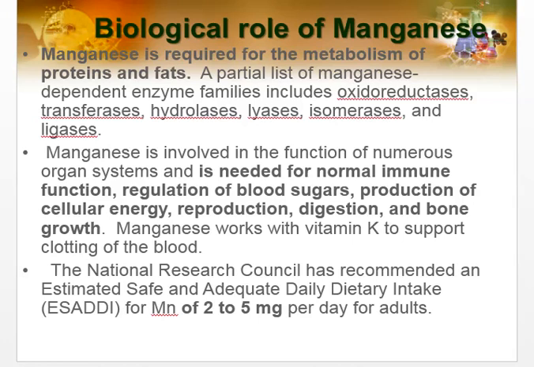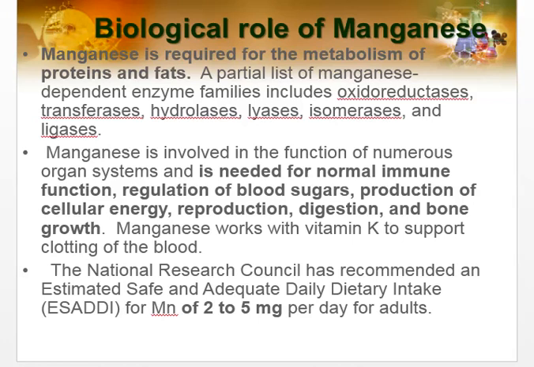Manganese is involved in the function of numerous organ systems and is needed for normal immune function, regulation of blood sugar, production of cellular energy, reproduction, digestion, and bone growth. Manganese works with vitamin K to support clotting of the blood.